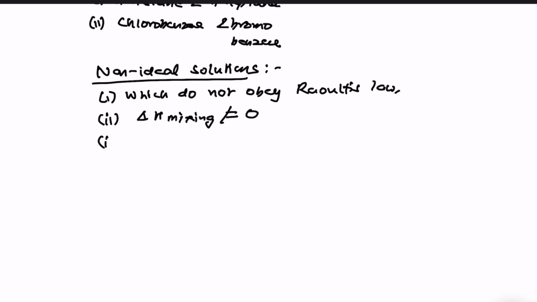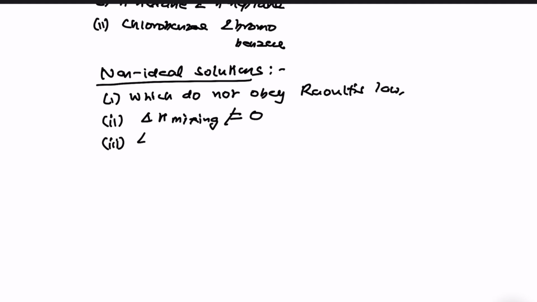That means when we mix the two components A and B to form a solution, the total heat of the solution is not the same as the heat of A separately and B separately. Similarly, on mixing them, the change in volume is also not equal to zero. That means there is either an increase or a decrease in volume.